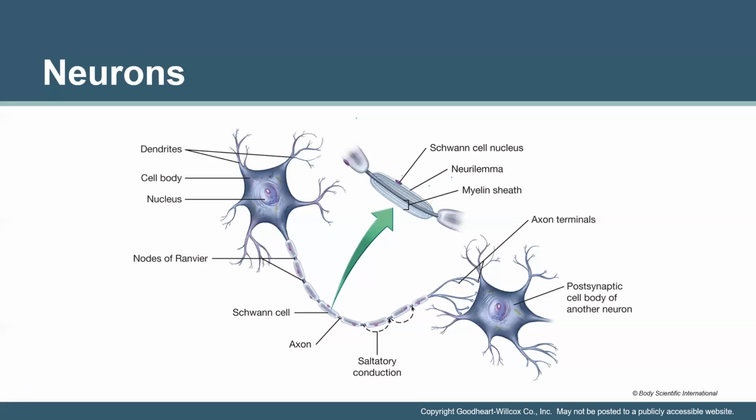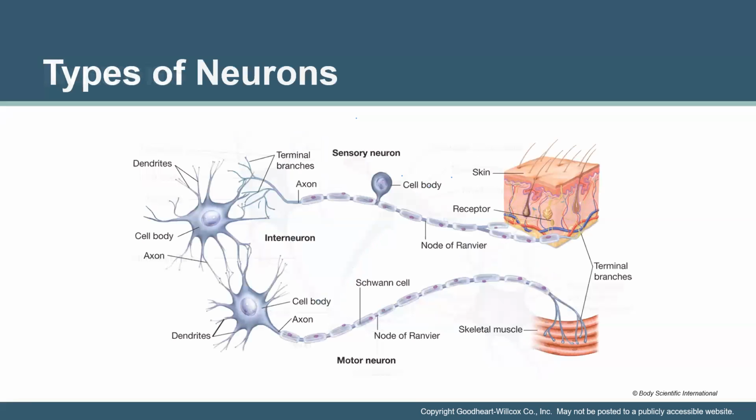When we classify neurons, there are three primary functional types of neurons. We have a sensory neuron. This will carry impulses from the skin and from organs to the spinal cord and brain. I mentioned that previously. Then we have a motor neuron, the efferents.